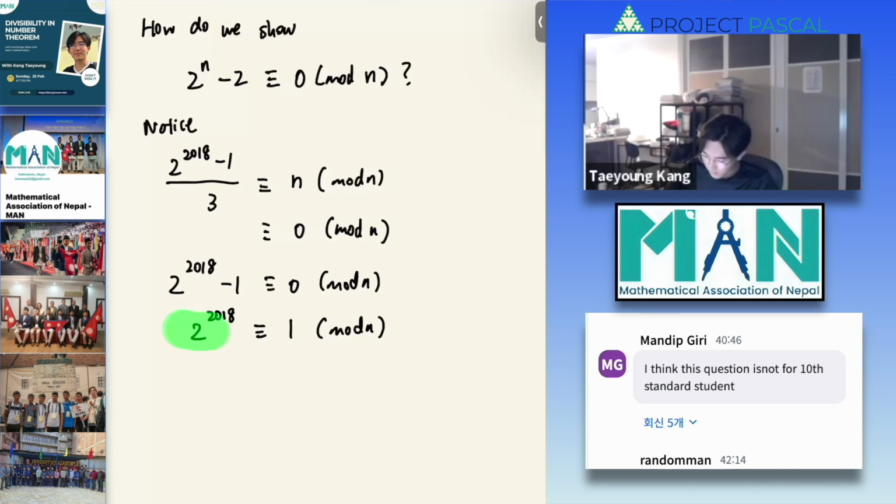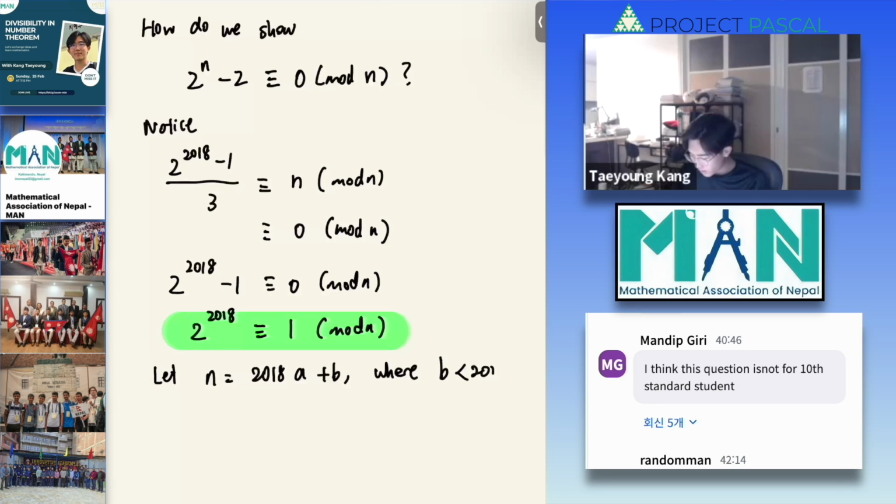So we have this fact. So now we let n be equal to 2018a plus b, where b is less than 2018 but larger than 0. So we have this fact, right?